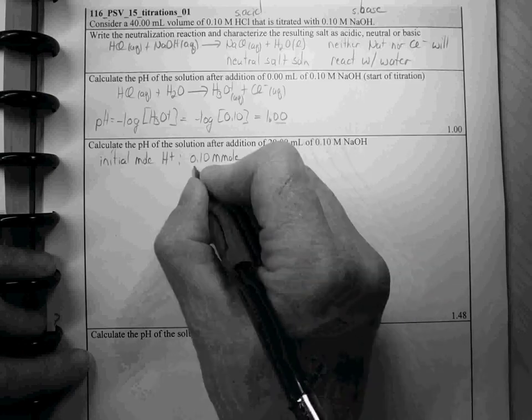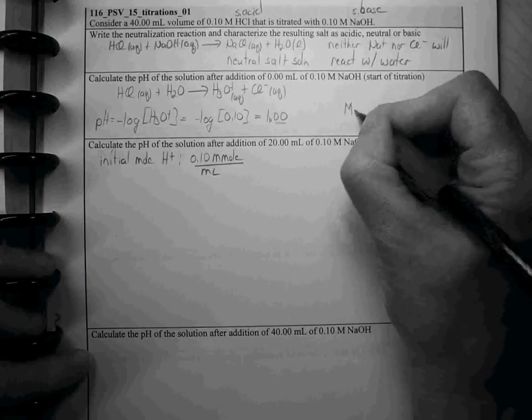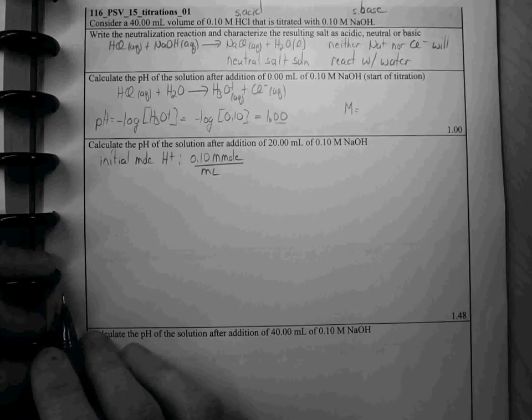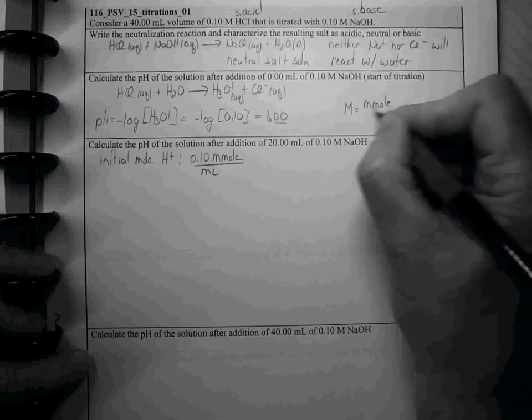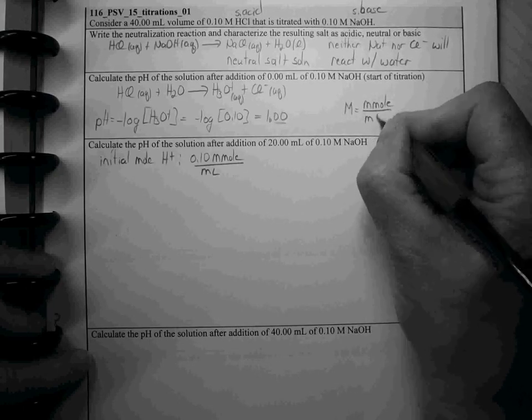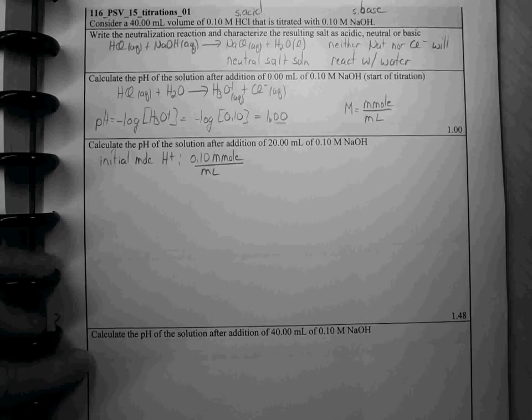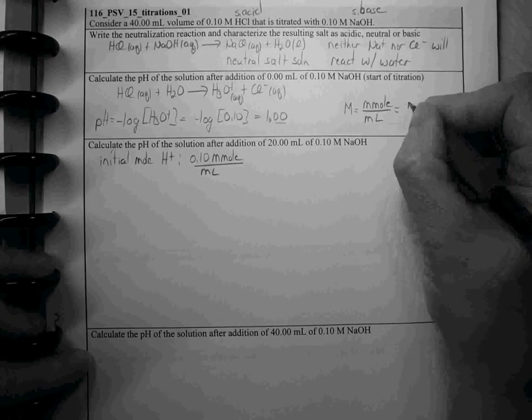0.10 millimoles per milliliter. I'm going to use millimoles because it makes numbers a little bit easier to work with. Remember that anything that's expressed in molar is the same as millimoles per milliliter.